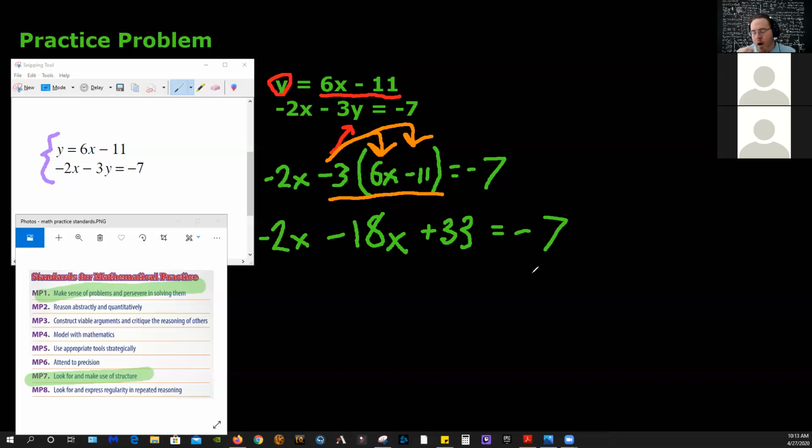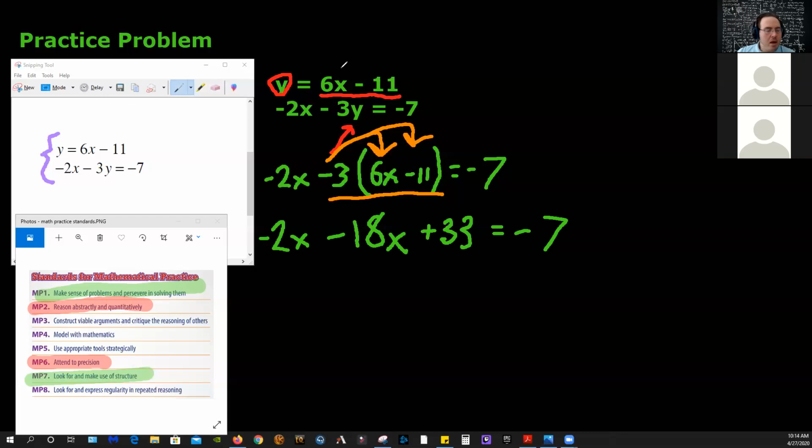We acknowledge that these two equations are in the same system. We've taken the value of y from one equation and substituted it into the other. What this effectively does is now we don't have two variables. We only have one variable. So now our job is to solve for that one variable with inverse operations. What we're doing now is some abstract reasoning, and we're going to be doing very precise mathematics.